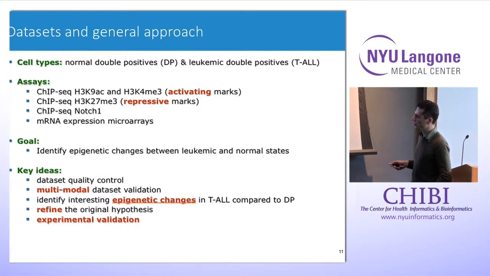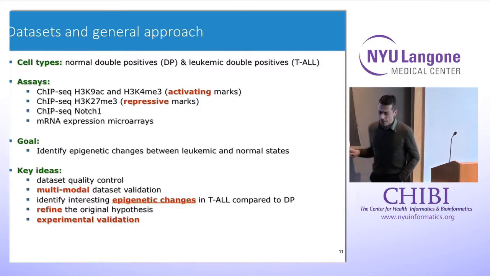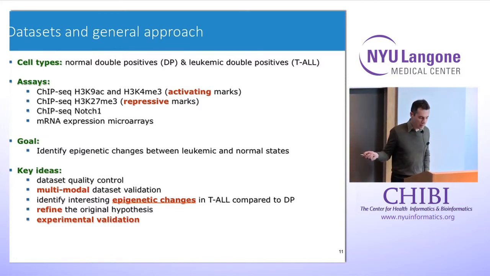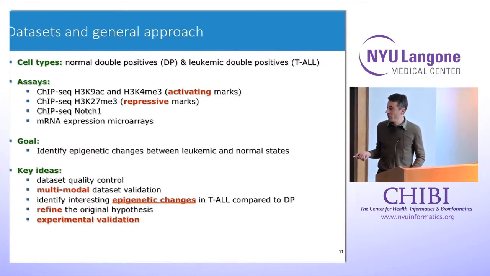Then we wanted to do a multimodal dataset validation with other published data and datasets. And after doing all these, we were planning to proceed to find epigenetic changes, as I said before, between leukemic and normal T cells. And the real goal was to refine the original hypothesis. That was a hypothesis too. Maybe we wouldn't have found anything.